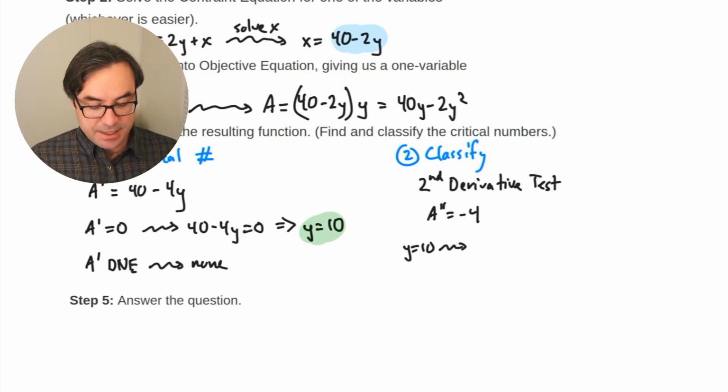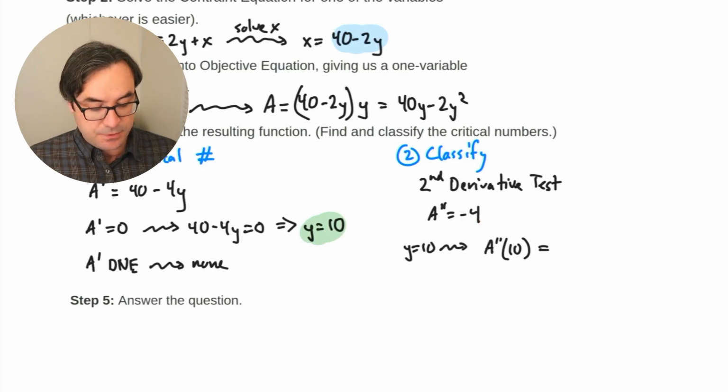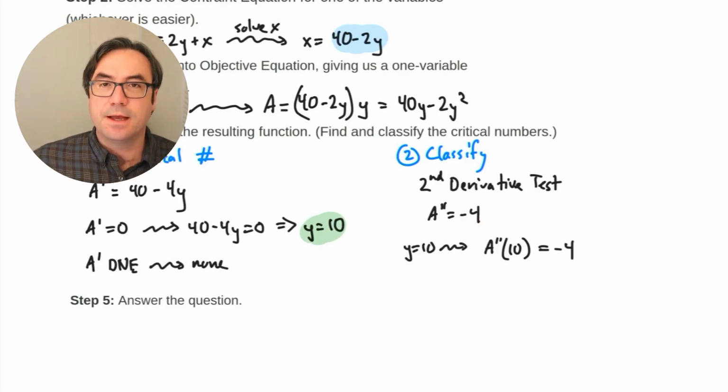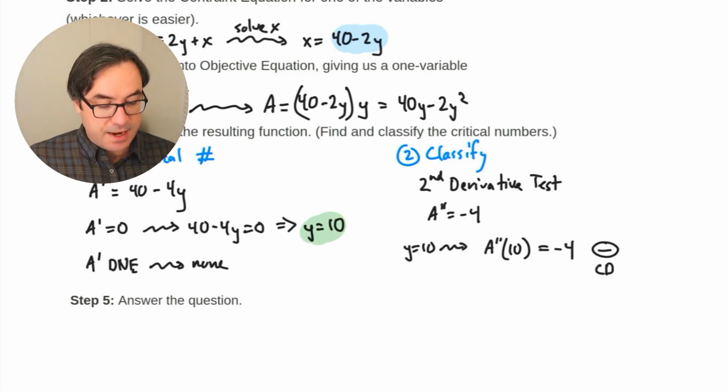Our second derivative is constant, so no matter what you plug in, you always get -4 out. So we get -4.